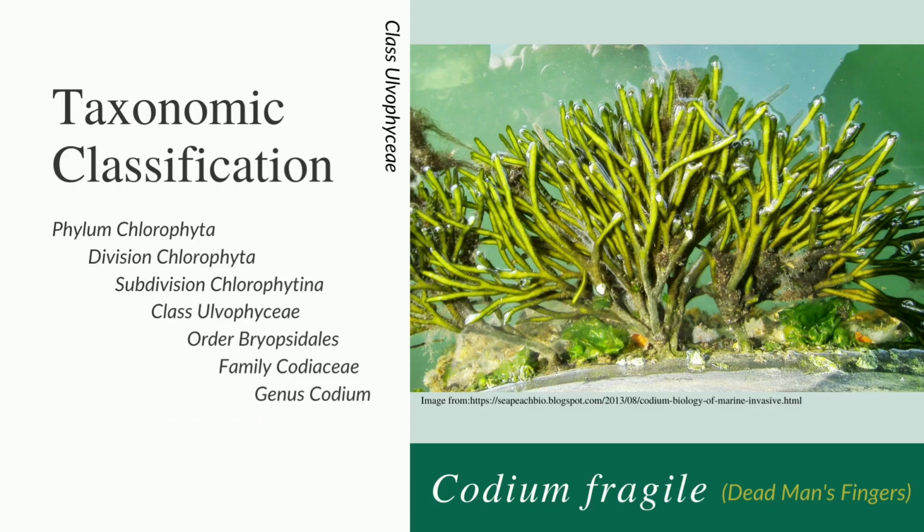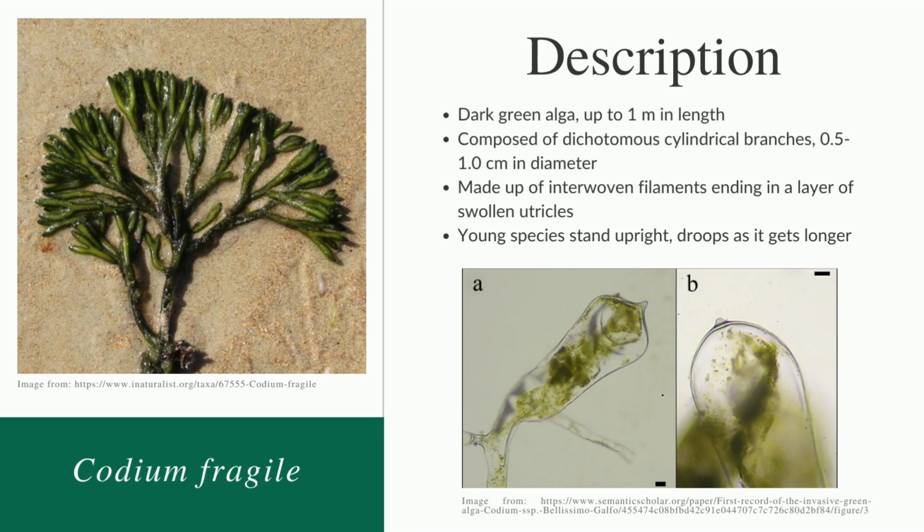Codium fragile, also known as deadman's fingers, is also part of the phylum Chlorophyta, class Ulvophyceae, order Bryopsidales, family Codiaceae, and genus Codium. It is a dark green algae up to 1 meter in length. It is composed of dichotomous cylindrical branches which are 0.5 to 1 centimeter in diameter.